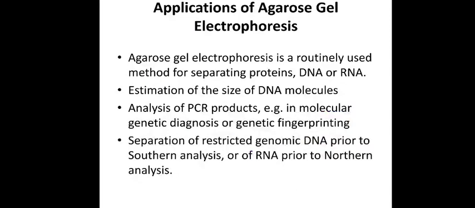And this agarose gel electrophoresis has a major use in separating proteins, DNA and RNA, particularly DNA estimation of the size, and it can also be used for the analysis of PCR products, or in molecular genetic diagnosis or genetic fingerprinting.